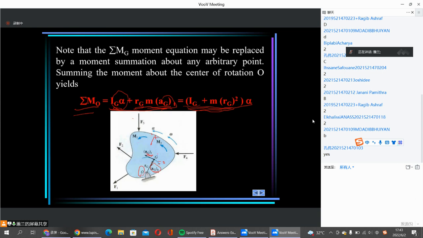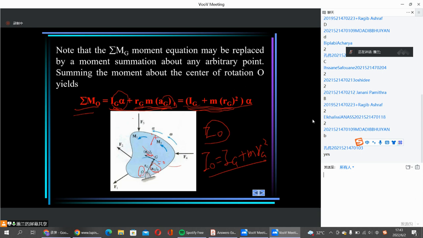This one should equal I_O, right? According to the parallel axis theorem, the mass moment of inertia about point O equals the mass moment of inertia about the mass center plus the mass times the perpendicular distance between the two axes.